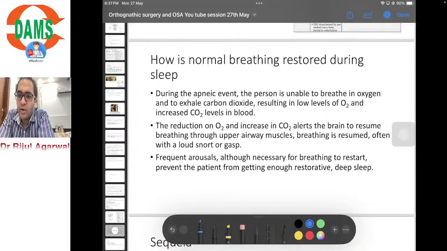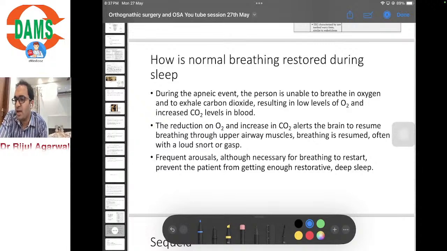Okay, so how is normal breathing restored? Now when breathing stops, the airway volume reduces, but the body needs oxygen. So how is normal physiology restored in this person? During the apneic event, as I've already told you, the person is unable to breathe in oxygen and breathe out carbon dioxide. When carbon dioxide is not breathed out, it tends to accumulate in the blood.